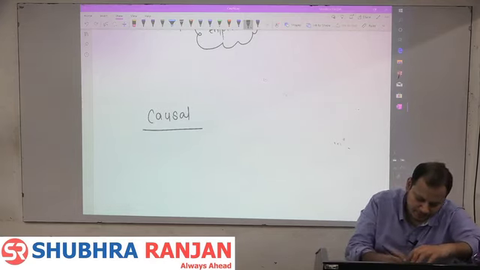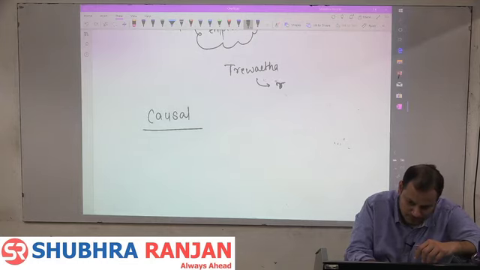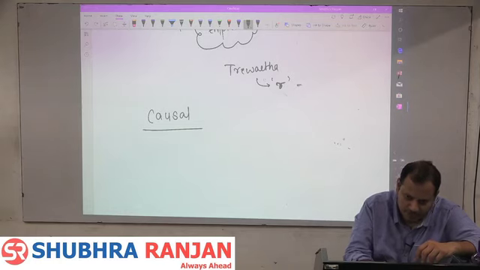Second minor modification: Trewartha uses small r. What does small r mean?